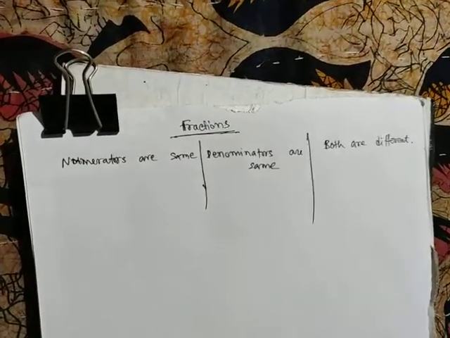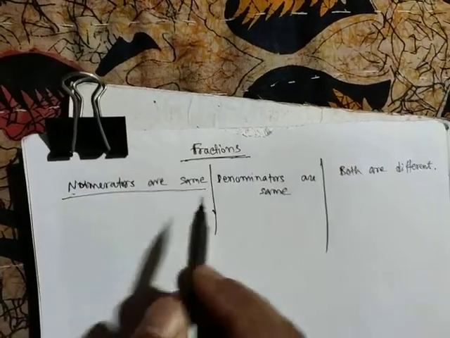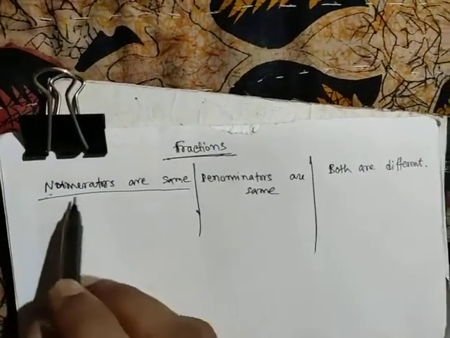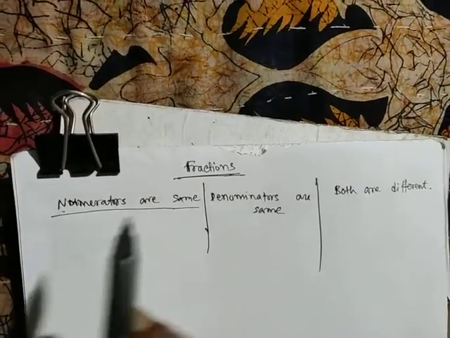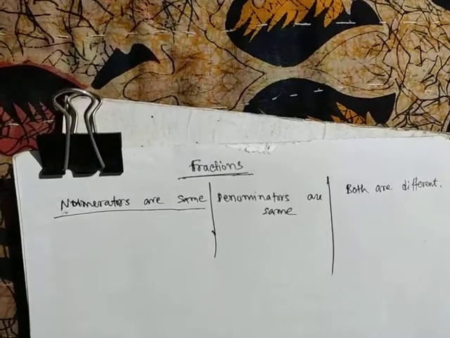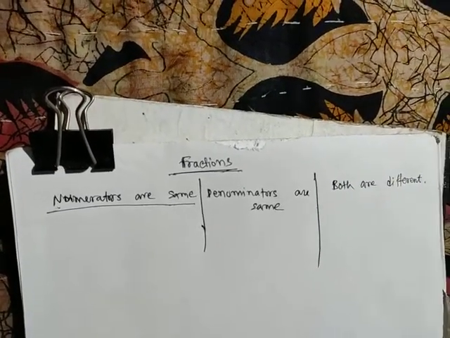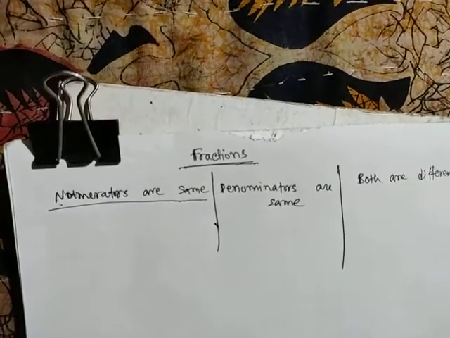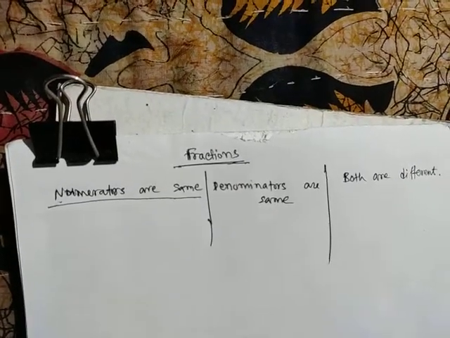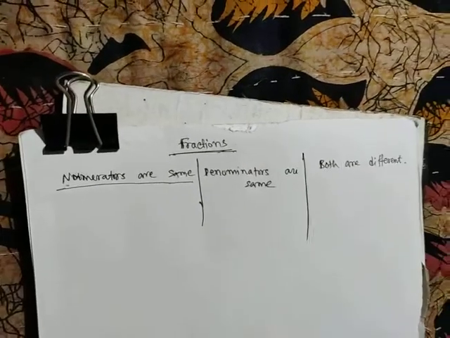To do this, listen to the process very carefully. When the numerators are the same but the denominators are different, the fraction having the lowest denominator must be the greatest fraction.